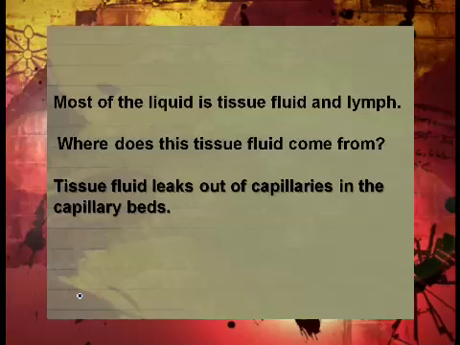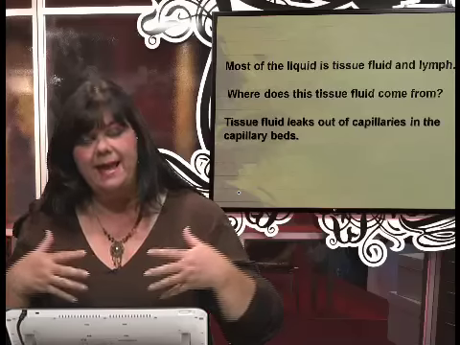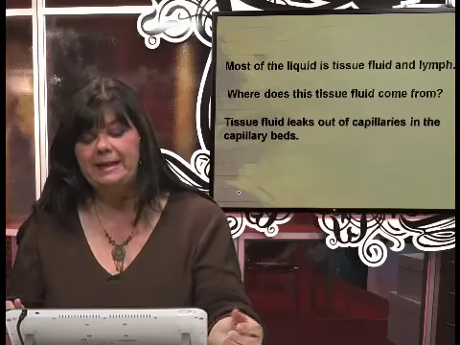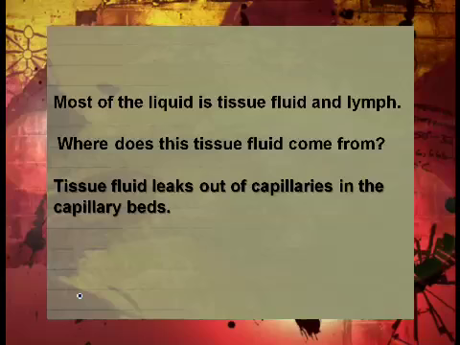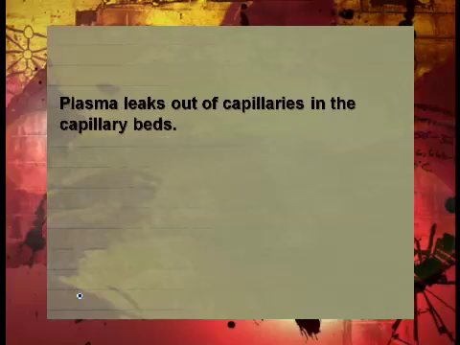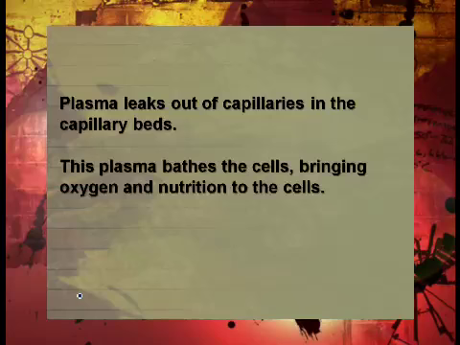Well, the tissue fluid is something that has actually leaked out of capillaries in capillary beds. So wherever your arteries have taken the blood to and that has dispersed into a capillary bed, tissue fluid is blood plasma that leaks out of the capillaries in these areas which we call capillary beds.